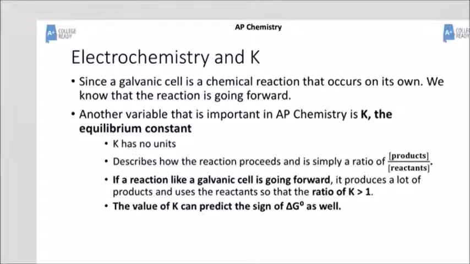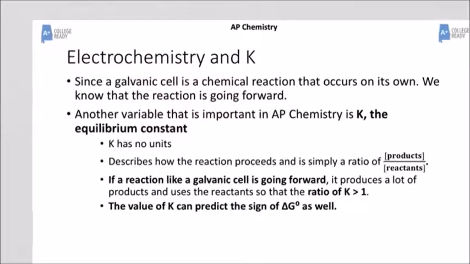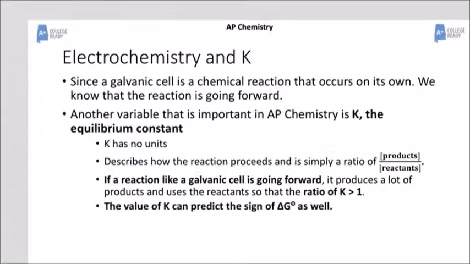All right, and again, equilibrium is a huge topic in AP Chem as well. It's its own big idea, and that will be covered in great detail, but we can talk about it generally here as well. K actually has no units, which I know is super unusual because you're used to having to worry about those, but K really describes how the reaction proceeds and is this ratio of products over reactants.